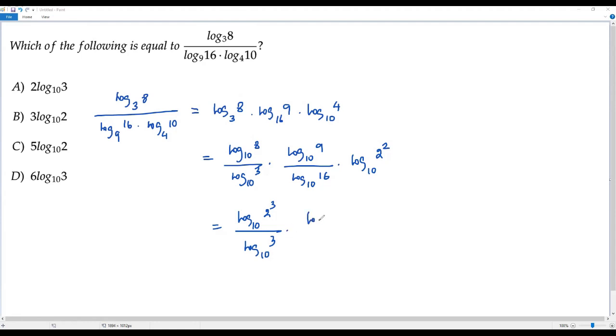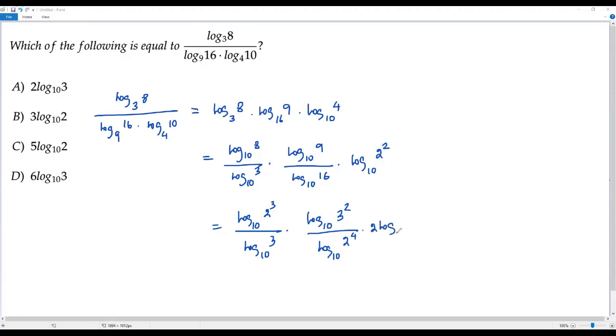Then 9 can be written as 3 squared, and 16 can be written as 2 to the fourth power. Here we can use the power rule of logarithms: whenever the argument of a logarithm is a power, the exponent can be moved in front of the logarithm and multiplied by it.